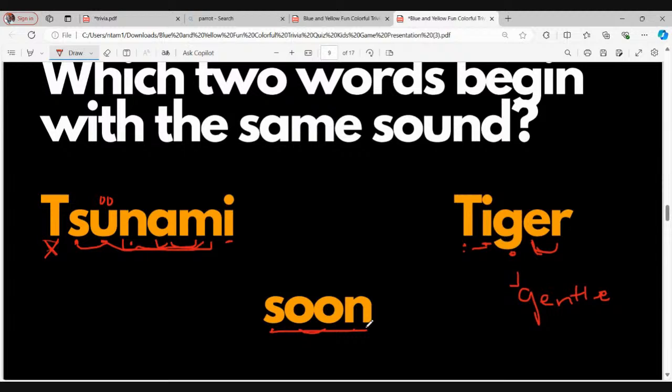All right, so let's talk about what these words mean. Tsunami. Have you heard that word tsunami before? It is actually a natural disaster, right? It's not something pleasant at all. Tsunami is something very dangerous. It's where you have a long, high sea wave that is caused by an earthquake or by other disturbances.